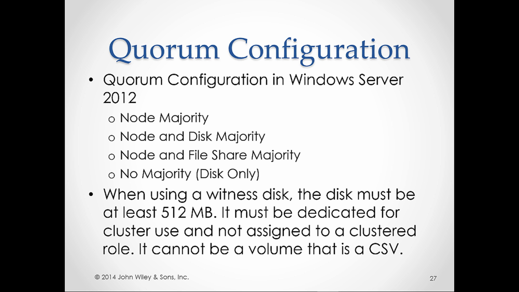So the quorum configurations for Server 2012 are node majority, node and disk majority, node and file share majority, and no majority, disk only. When we're using a witness disk, the disk must be at least 512 megabytes. It must be dedicated for the cluster use and not assigned to a cluster role. It cannot be a volume that is a CSV.